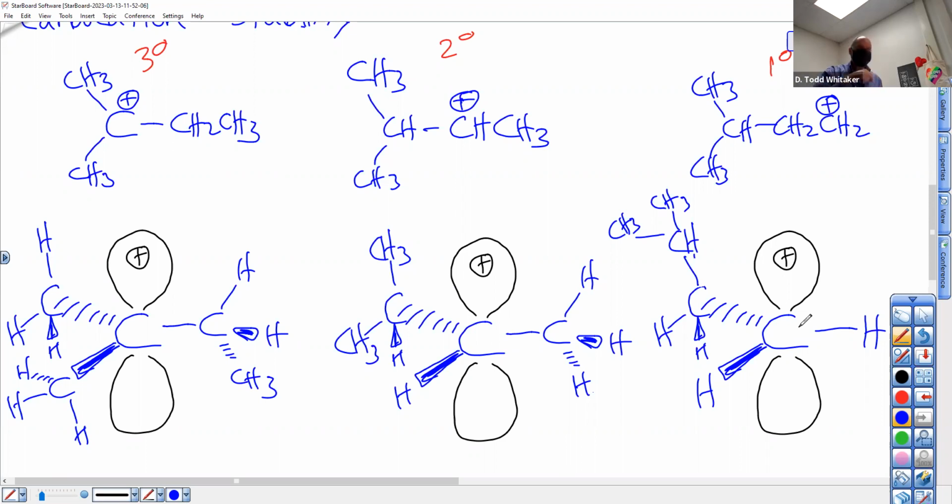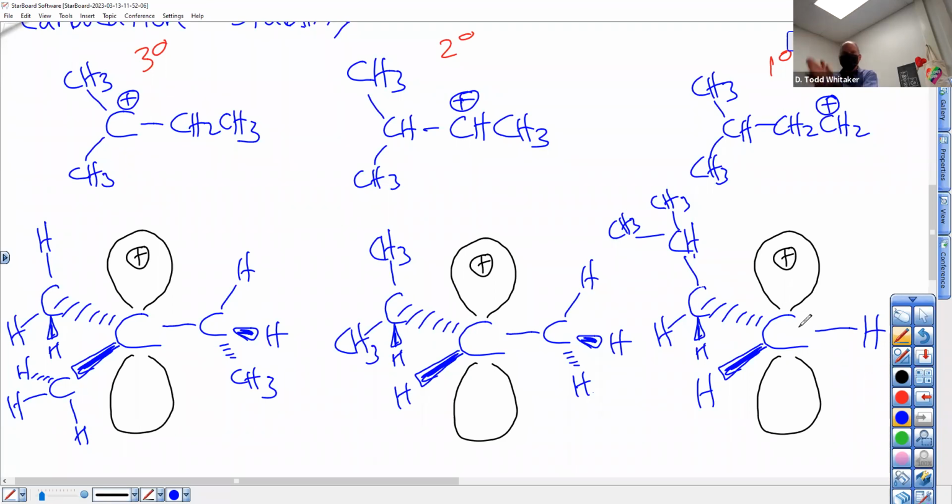What's the only thing that can help stabilize a plus charge? There's only one thing that stabilizes plus charge, period. What is it? Electrons. Which of those plus charges has the most electrons with a similar orientation? The p orbital I drew is the py, right?